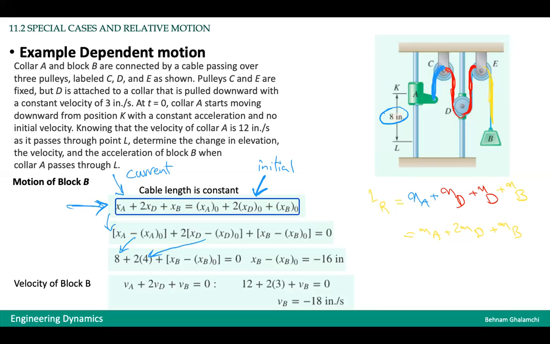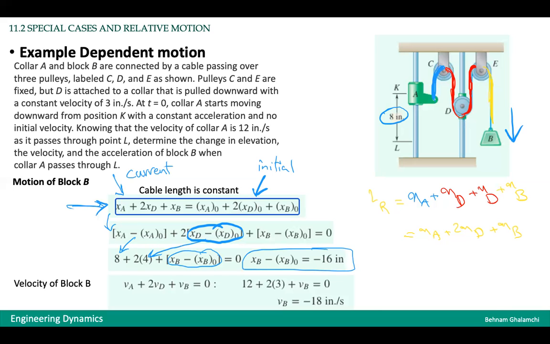You remember we said that we have two unknowns, but the ultimate displacement is 4 inch, plus some value that we have no idea about, the displacement of particle B. When we solve it, we are able to find the displacement of particle B, which is negative 16 inch. So it seems that particle B is coming down, equal to 16 inch.